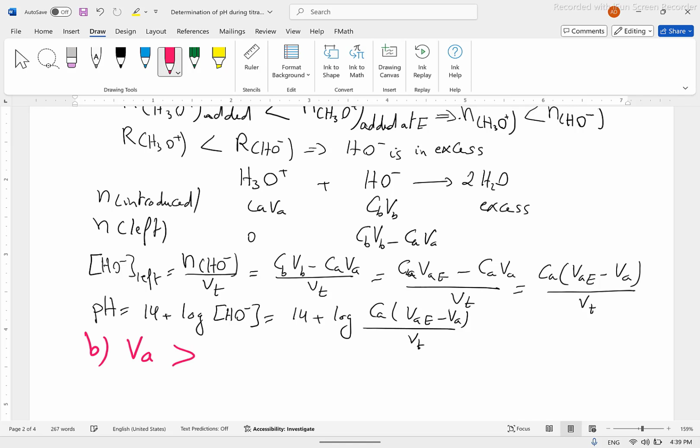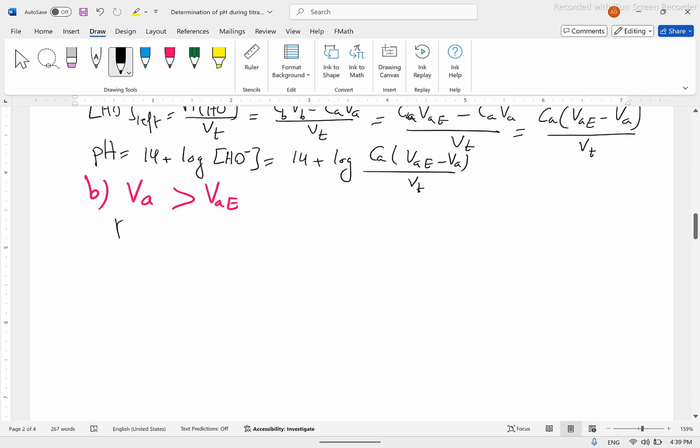VA added is greater than VAE. In this case, the number of moles of H3O⁺ added is greater than the number of moles of H3O⁺ added at equivalence.